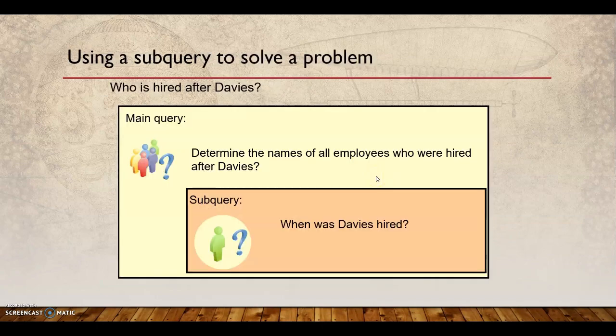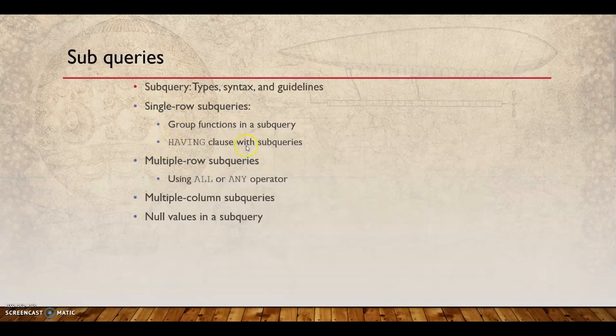There are different types of subqueries, single row and multiple row. You need to be careful between the single row and multiple row, and that is where you need to use the ALL or ANY operator. Generally, if a subquery returns multiple rows and you're not using the appropriate operator, the main query will not be able to work through.